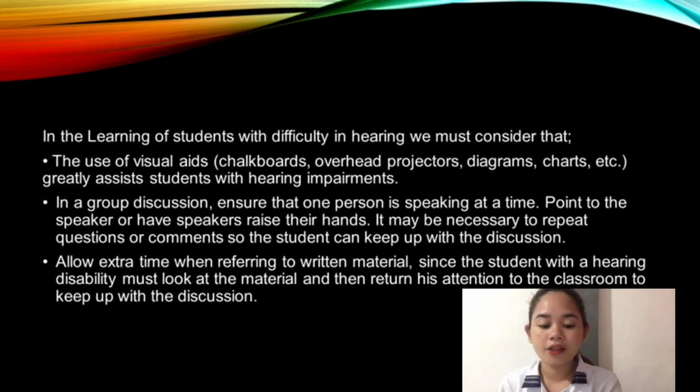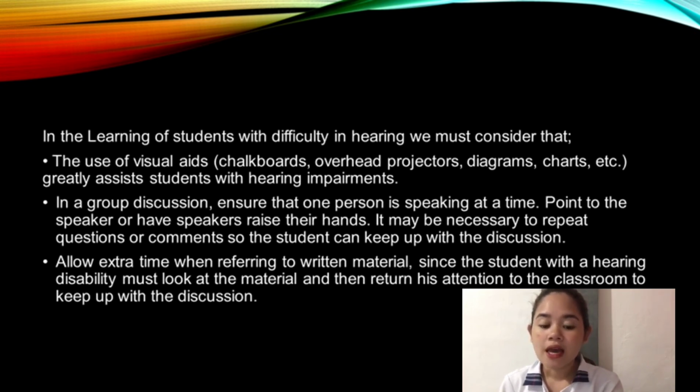So, if we have students who cannot hear clearly, we must prioritize them. In the learning of students with difficulty in hearing, we must consider that the use of visual aids, chalkboards, overhead projectors, diagrams, charts, etc. greatly assist students with hearing impairments.